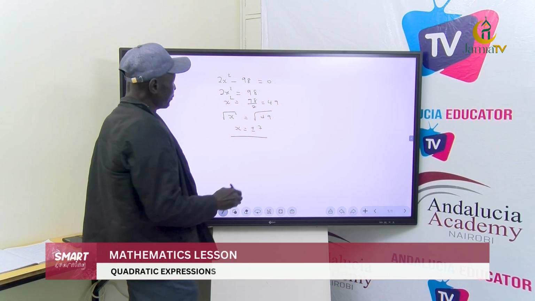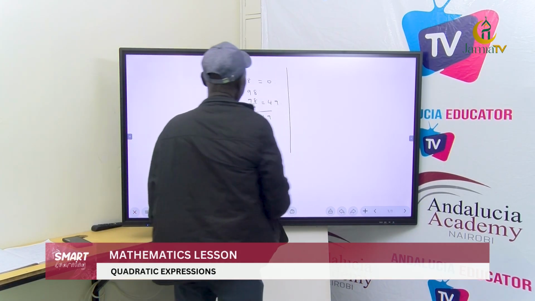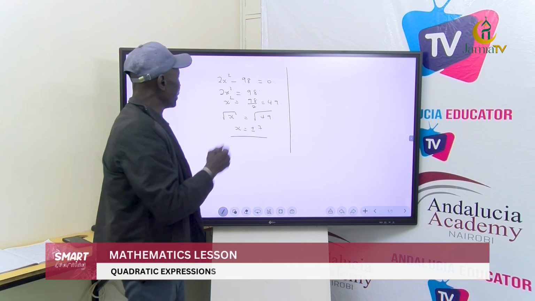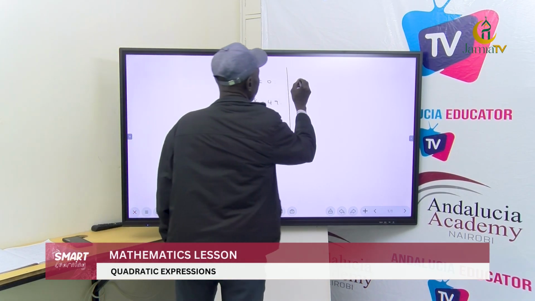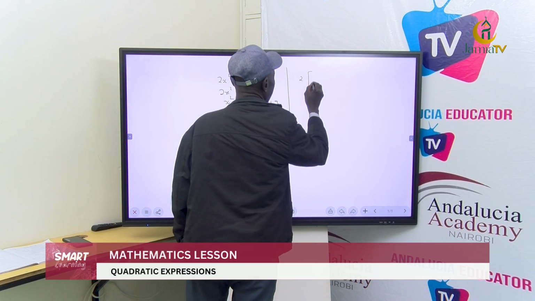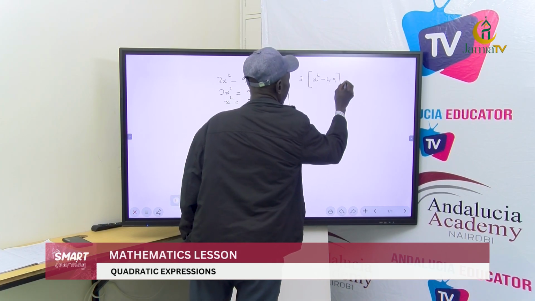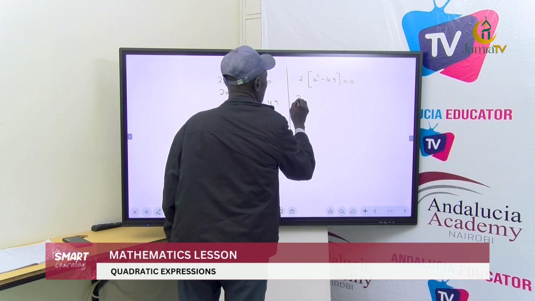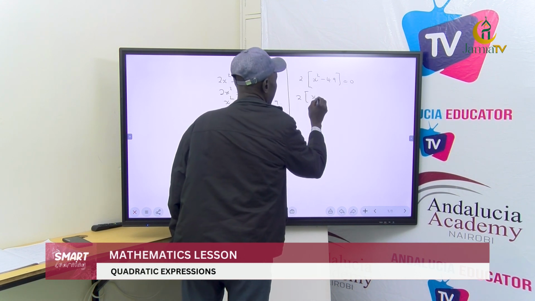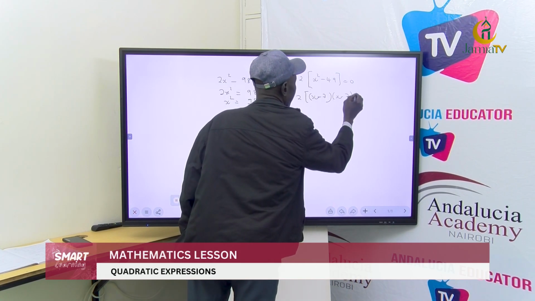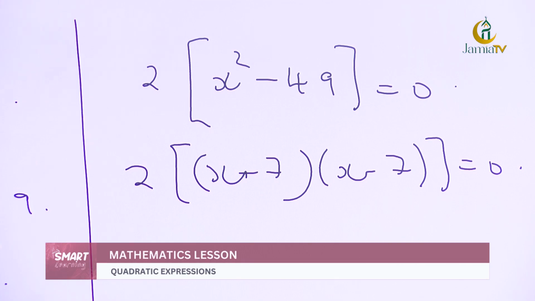We could have done it differently. Remember, when we factorize this, I told you this is a hidden difference of two squares. If I put 2 outside, I'm going to have x squared minus 49 equals to 0. So I'll have 2 in brackets, x plus 7 and x minus 7 equals to 0.